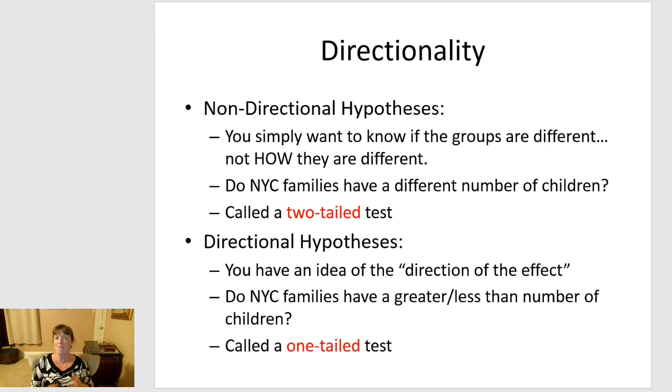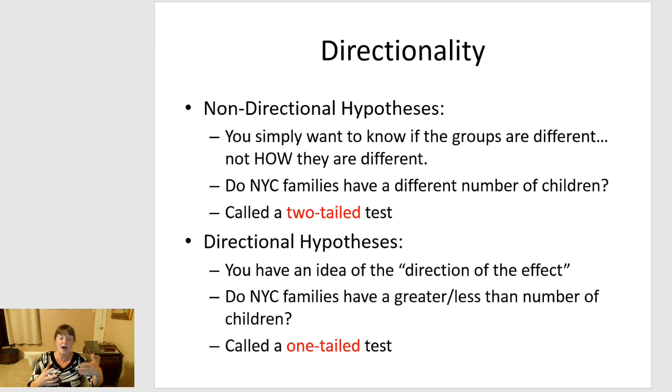And so I'm very interested to see only if the number of children in New York City is higher than average. I'm not interested in discovering that they're lower than average. I'm specifying the direction of the effect. I'm specifying that I only am interested in discovering that the families in New York City have greater numbers of children than average.